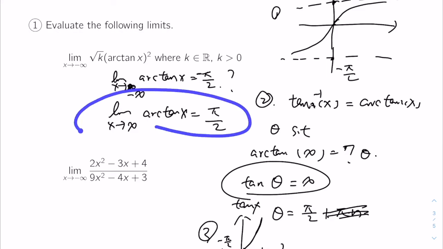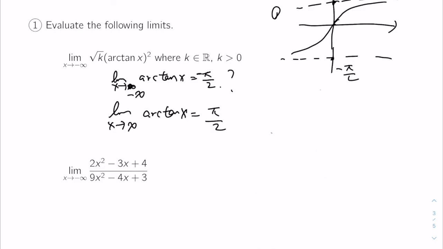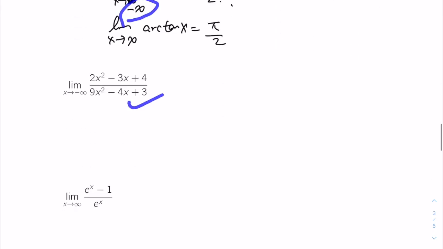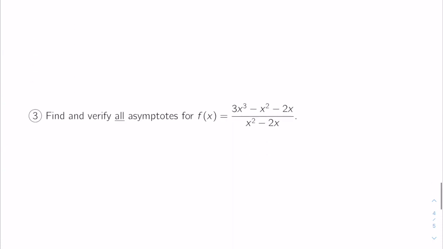So the arctangent of x is just pi over 2. If it is negative infinity, then this is the other direction. The rest of the part is not that difficult.